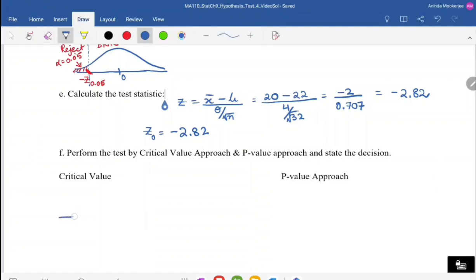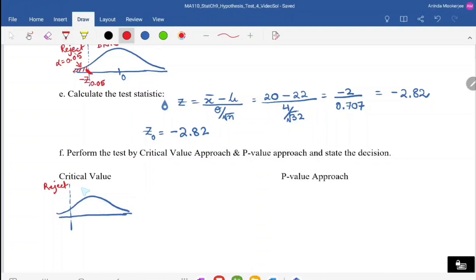Here we have our normal curve. Because it's a left tail test, our reject region is the same diagram as we drew before. This is just for extra practice. Whenever you're working on the critical value approach, you must have a diagram associated with it.